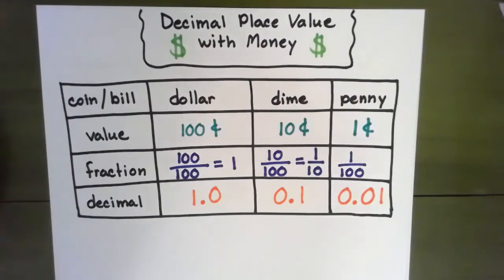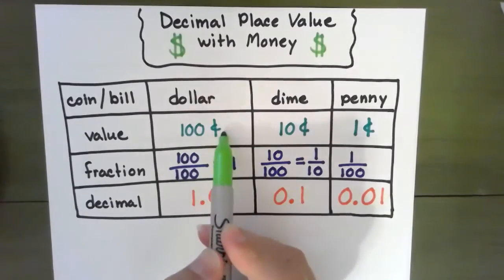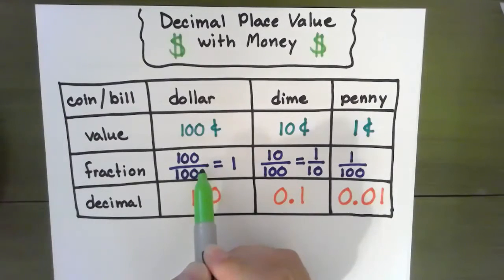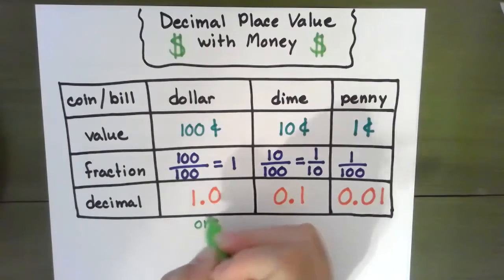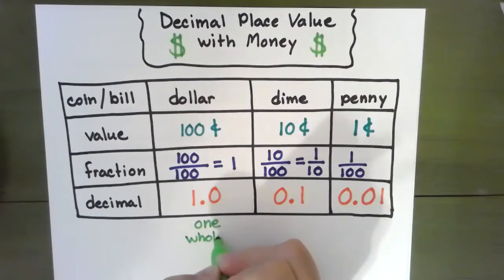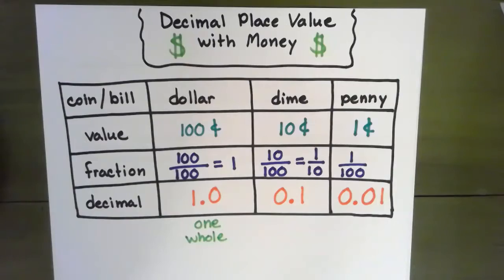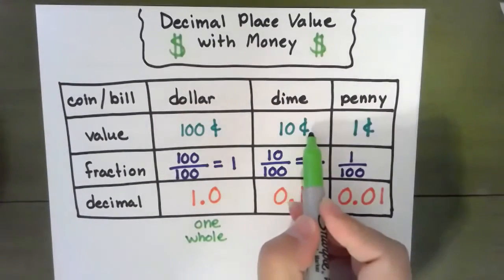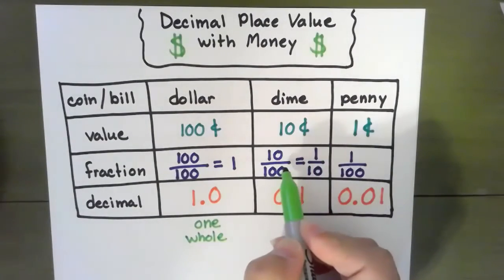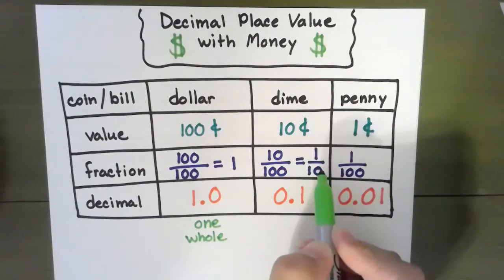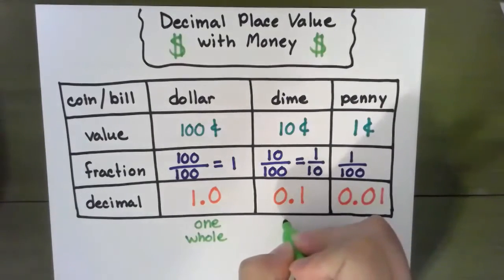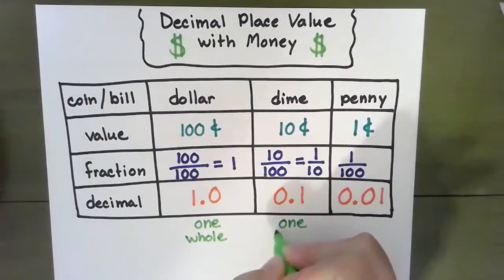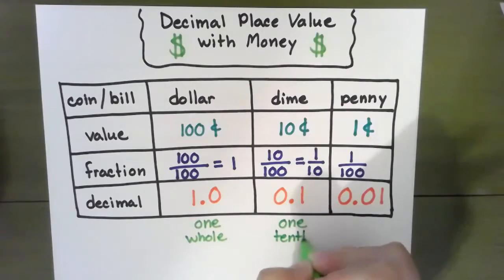Now let's think about what each one represents. The value of $1 is 100 cents, 100 hundredths, 1 whole. $1 represents 1 whole. Great job. A dime is 10 cents, 10 hundredths, which is equivalent to 1/10. Fraction form, decimal form. Word form, 1/10.